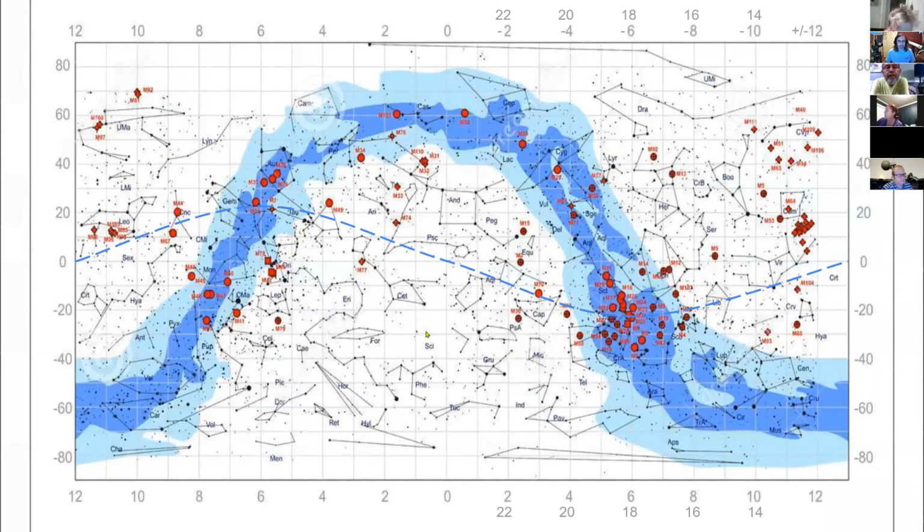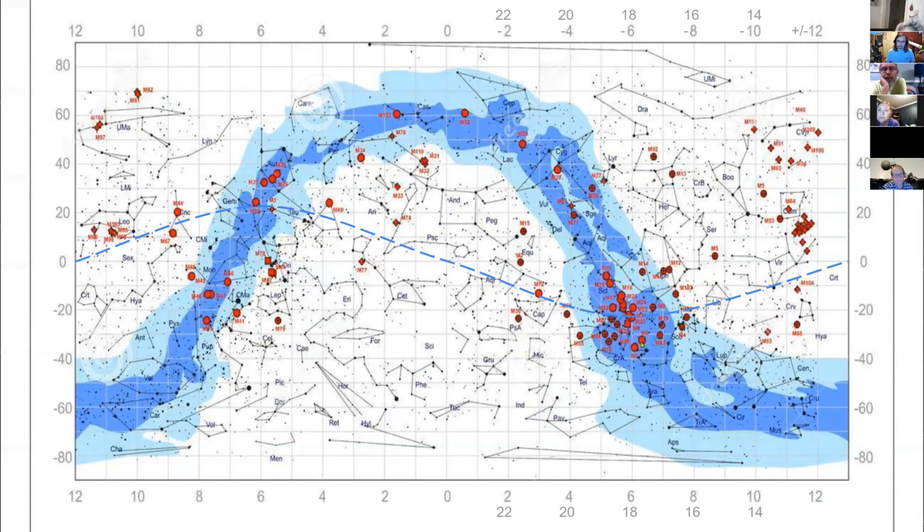This is a more common way to look at this type of map, and they are very often portrayed in negative, with a white background and black or other color stars and objects. This happens to be a map of all the Messier objects.